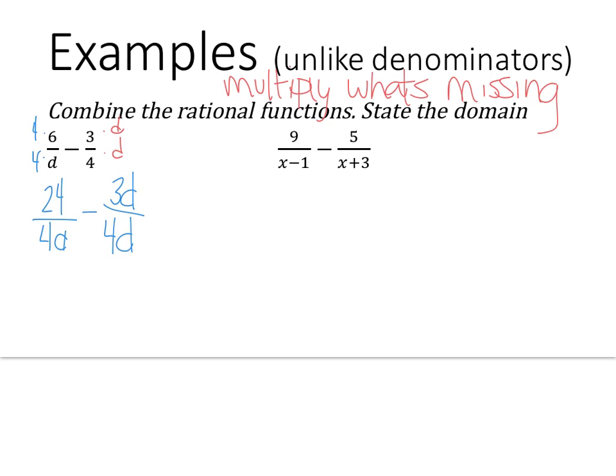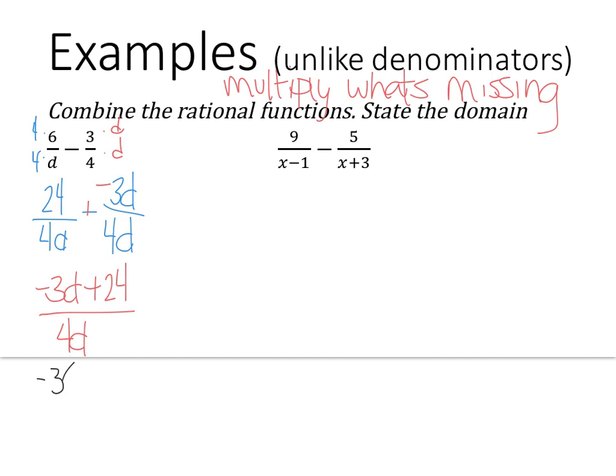Since it's subtraction, I'm going to get in the habit of changing it to an addition. And when I combine this, I'm always going to put my variable in front. So I'll do negative 3d plus 24, all over 4d. Again, I notice that negative 3d and 24 have a number in common, so I'm going to take out the GCF.